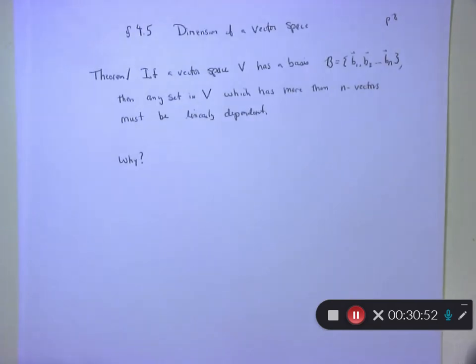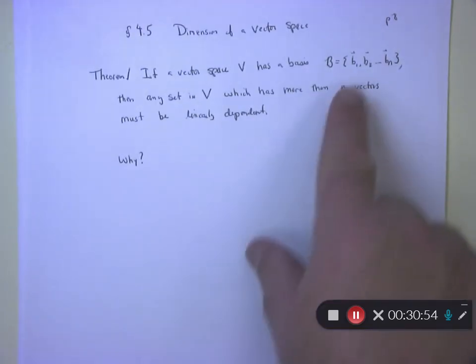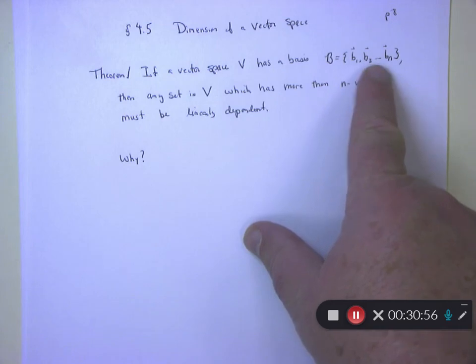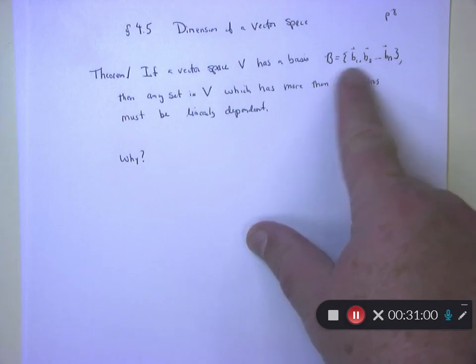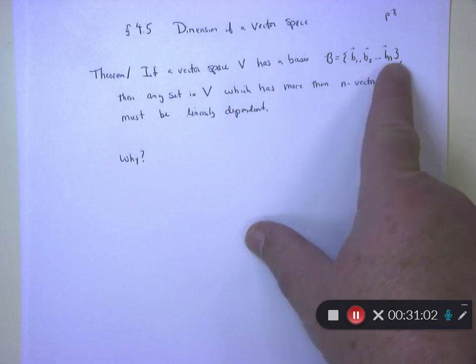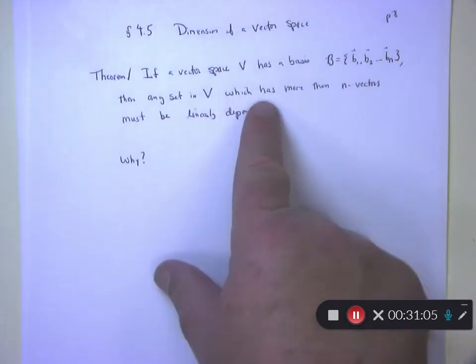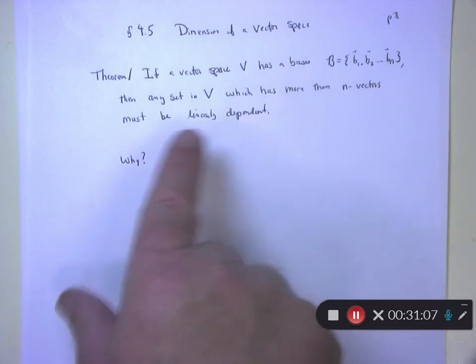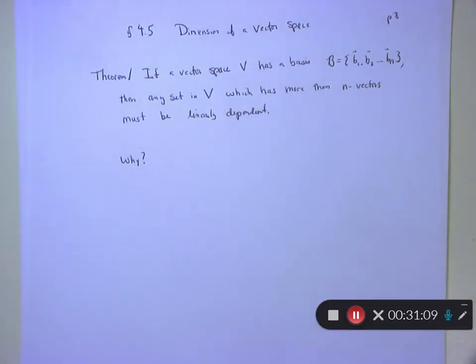If a vector space V has a basis B1, B2, all the way out to Bn, okay? So there's n vectors in a basis. Then any set in V which has more than n vectors must be linearly independent. Excuse me, linearly dependent. It's got to be linearly dependent.